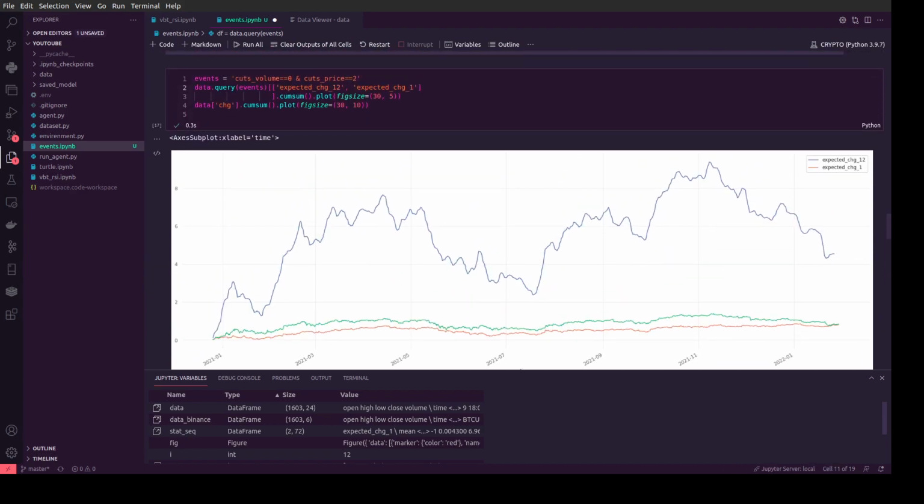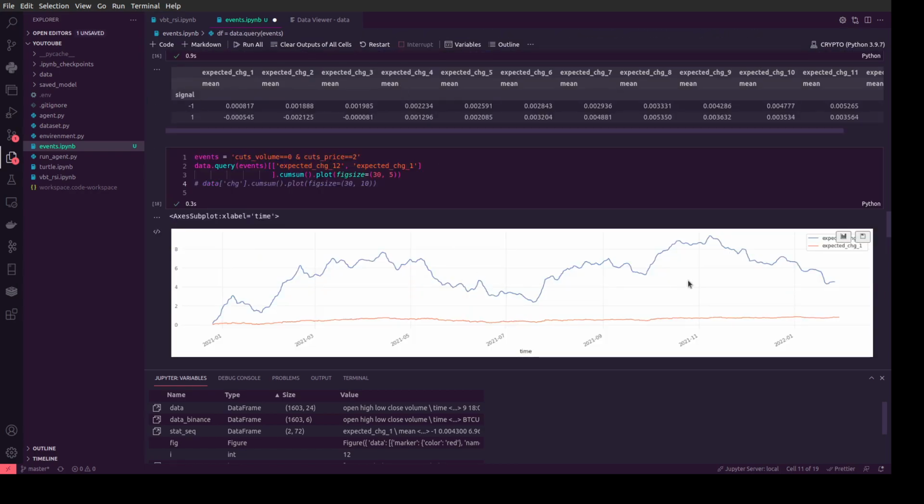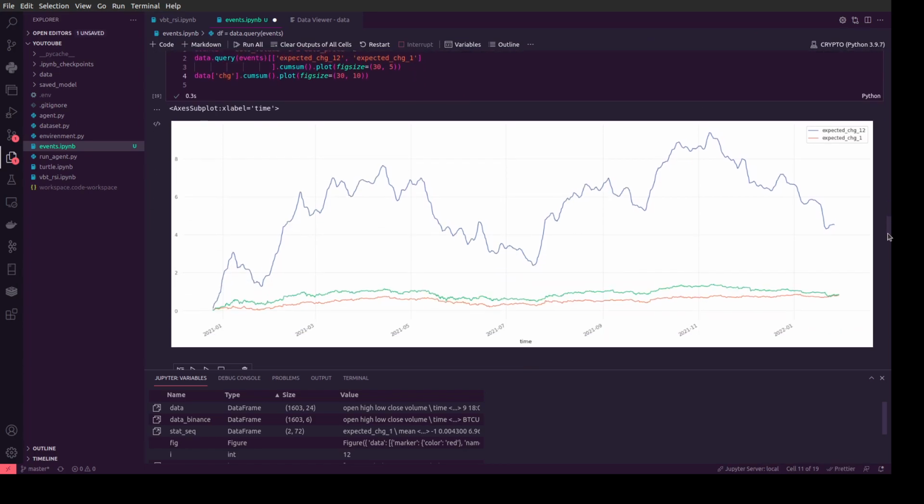Okay, so you see, for example, if I plot without the benchmark, after 1 bar we have some not good results, but after 12 bars, if we hold this position, we have some impulse.